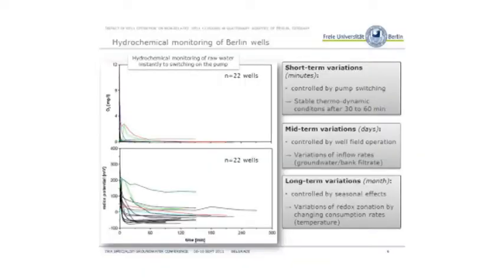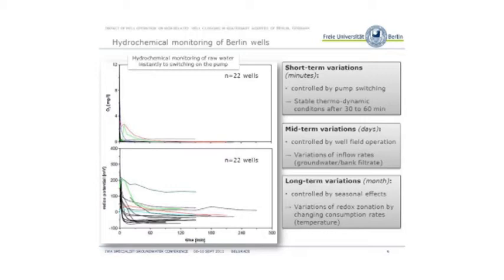And we observed different variations. First, we just have short-term variations in the hydrochemistry. So we did a raw water sampling instantly on switching on the pump. And we see that in the first minutes after switching on the pump, oxygen is disappearing in most wells.